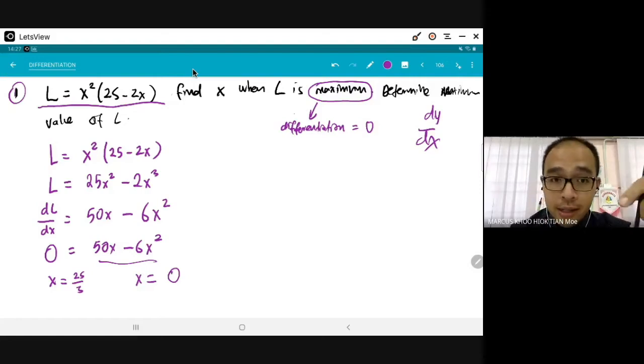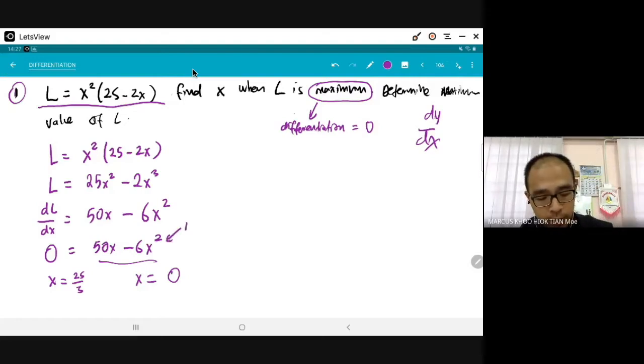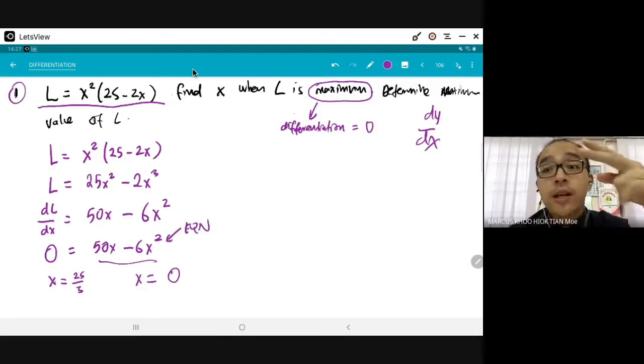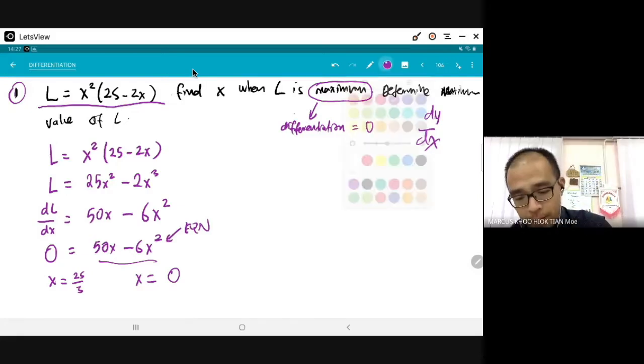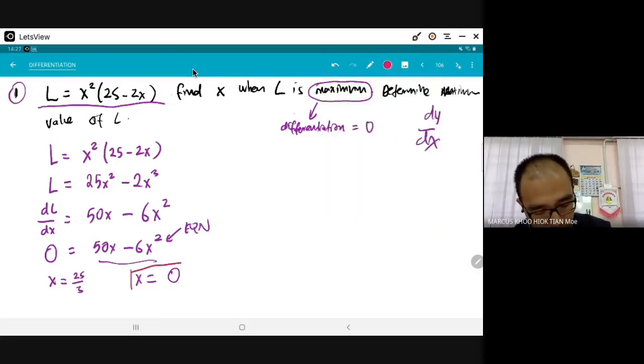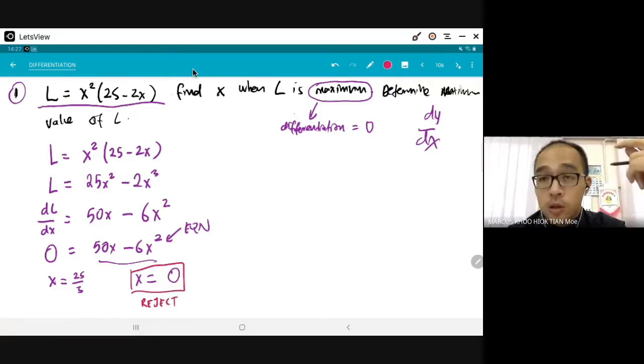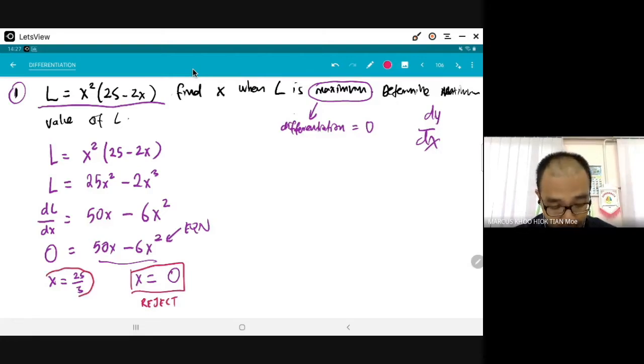According to the calculator, when you use EQN you will get two values. But this one, we must reject because x cannot be equal to zero. I will come to this in a little while. So we only use this one.